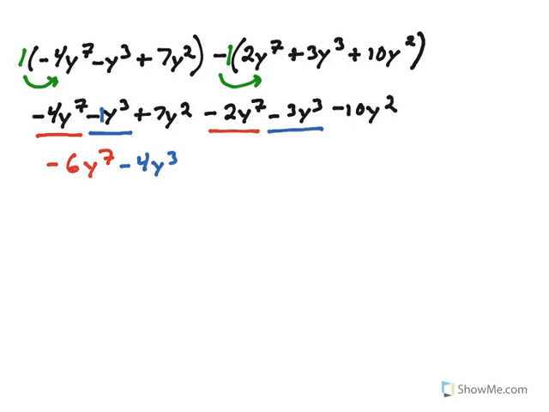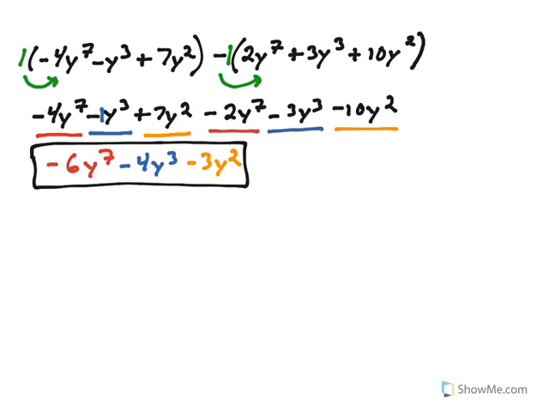And then the other exponent we have is the y squareds. 7y squared minus 10y squared is going to be a minus 3y squared. And there you have it. That is your simplified answer. That's how you add and subtract polynomials.